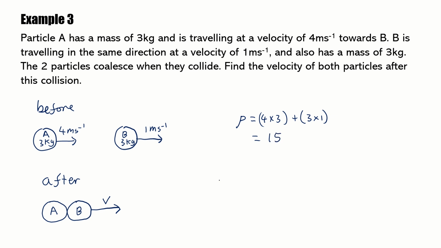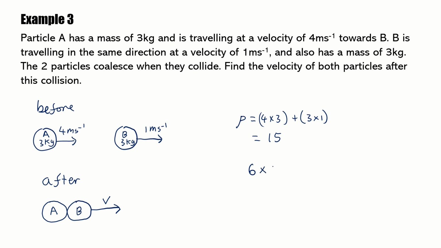And then after the collision, this is where it gets interesting because of the fact they coalesce. Therefore, working out the momentum for the object in this scenario, as I said before, we're going to treat them as one big object. So instead of viewing them as separate objects with individual masses of 3 kilograms, we're going to view it as one big object with a mass of 6 kilograms, the two masses added together.